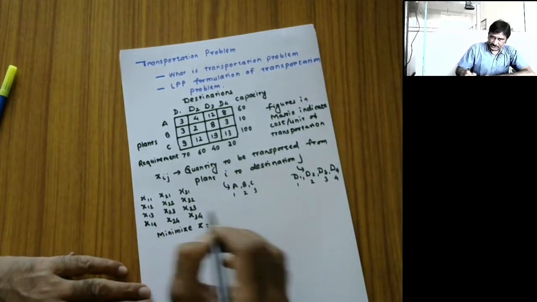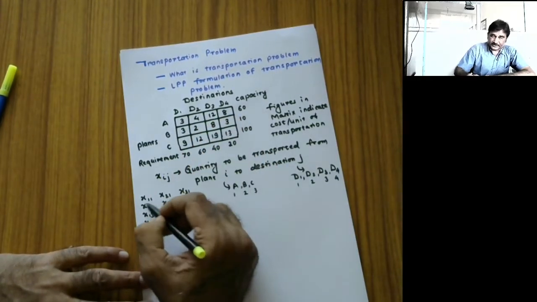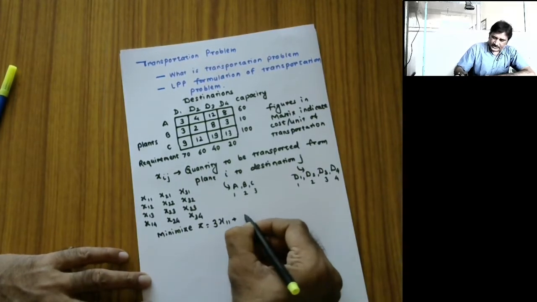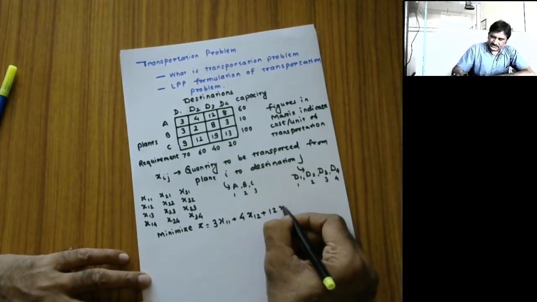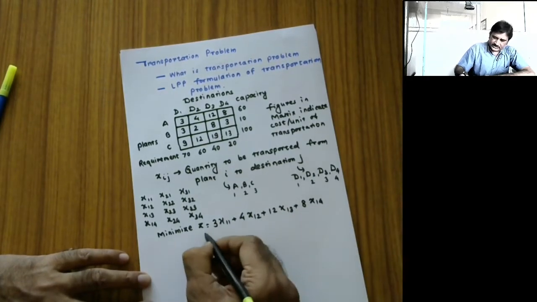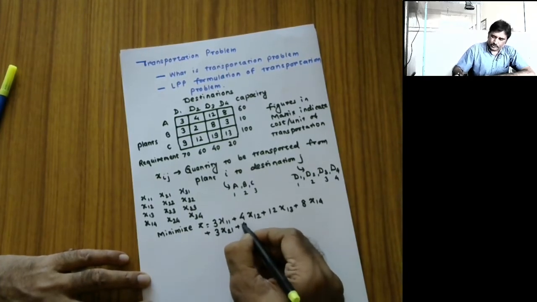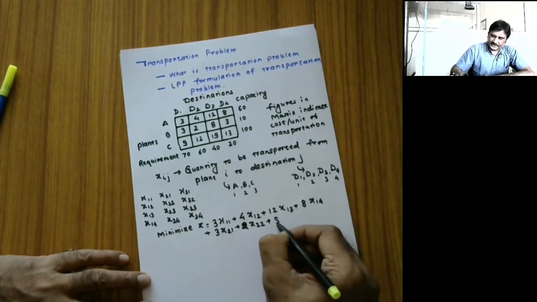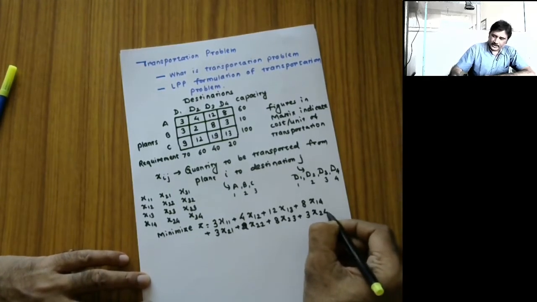So you are now in a position to write the objective function, this cost per unit of transportation multiplied by the corresponding units transported. So 3 into x11 plus 4 into x12 plus 12 into x13 plus 8 into x14 plus 3 into x21 plus 2 into x22 plus 8 into x23 plus 3 into x24, and so on.